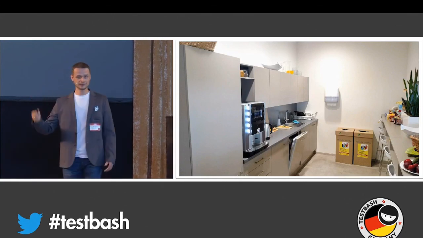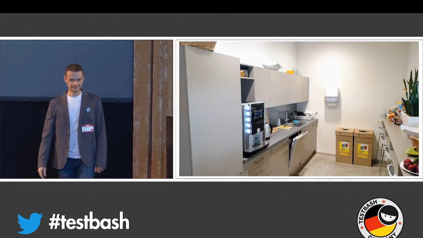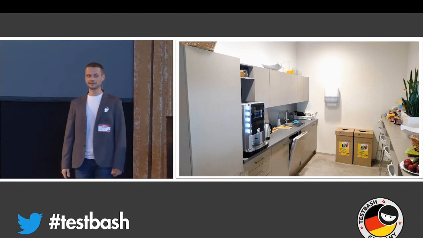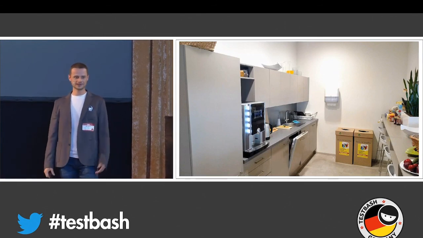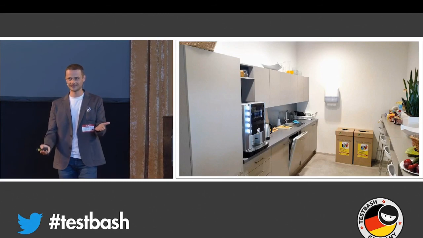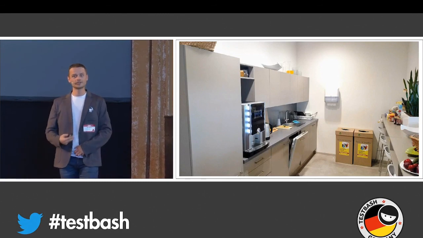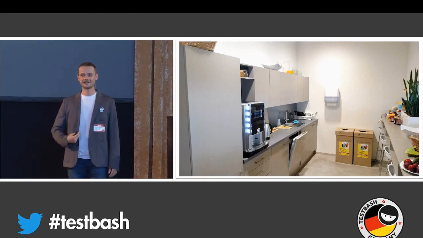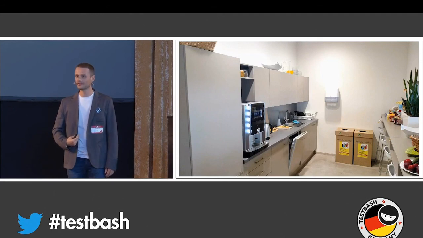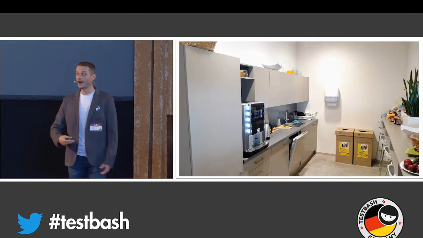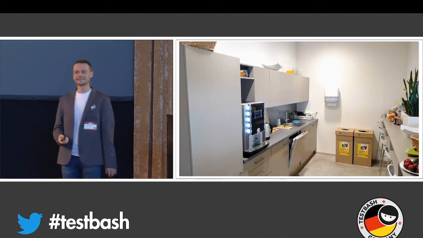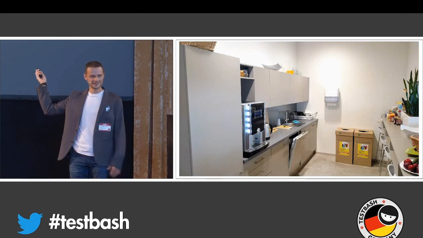Then we slowly moved to eating our food. Where? At the table. And it was execution of a test. Yes? What? Ah, super. So what was it? It was cucumber.